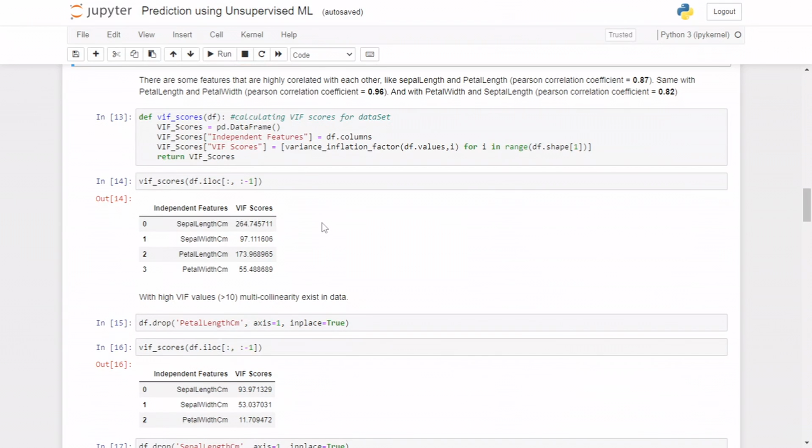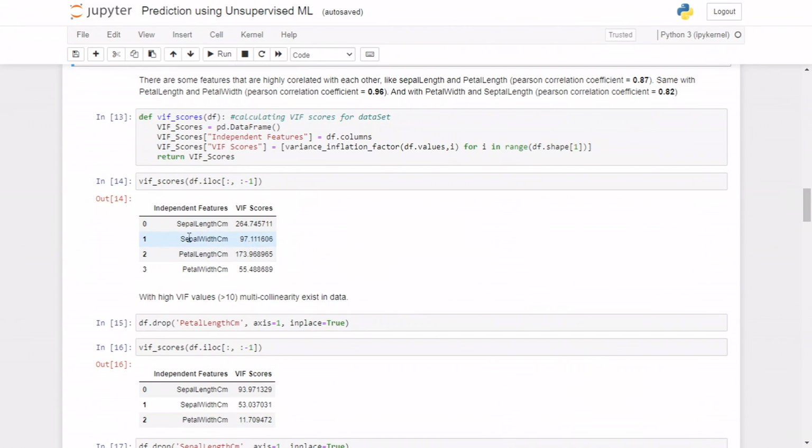We are also calculating the VIF score for all columns, and the VIF scores say that all of them are very high, greater than 10, and the maximum is 264, which is much larger than 10. So in this data, multicollinearity exists.